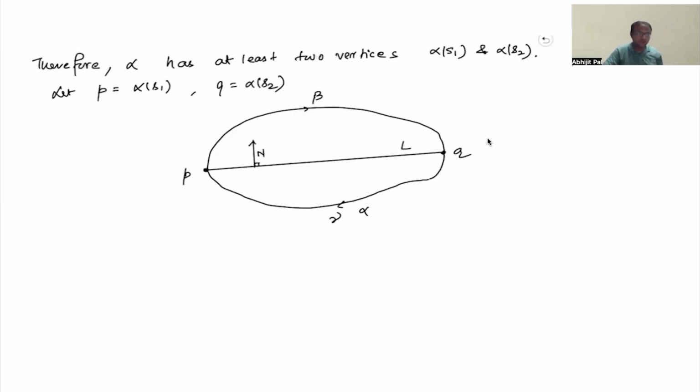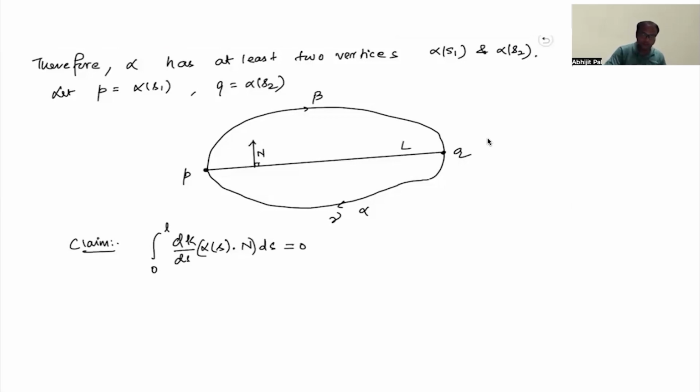So the first claim is, if I take this integral of alpha(s) dot product with n, where n is a constant vector, then this integral will be equal to 0.